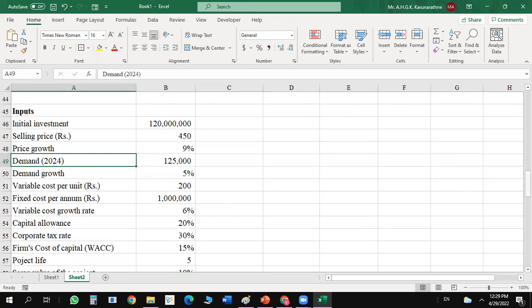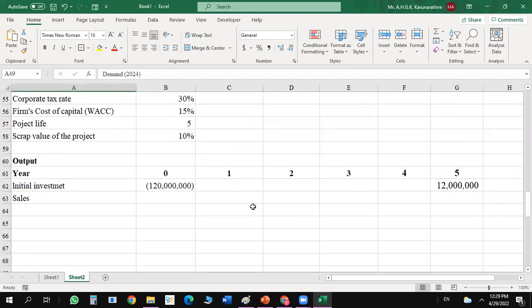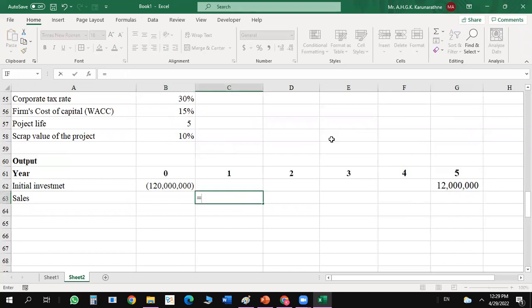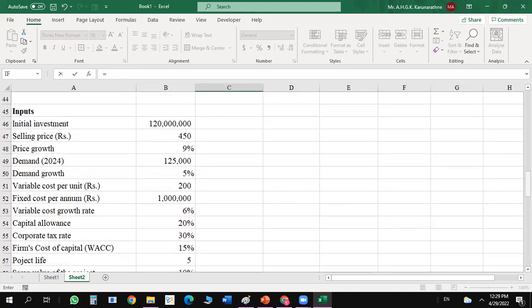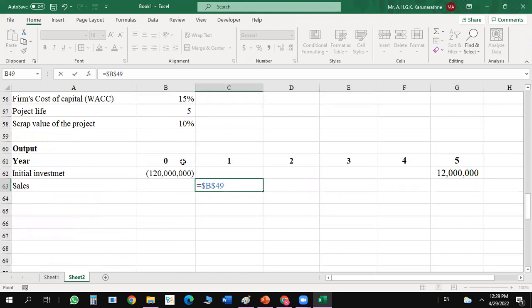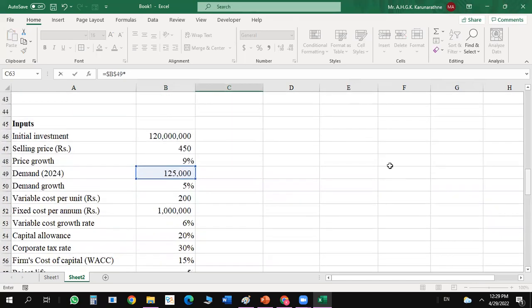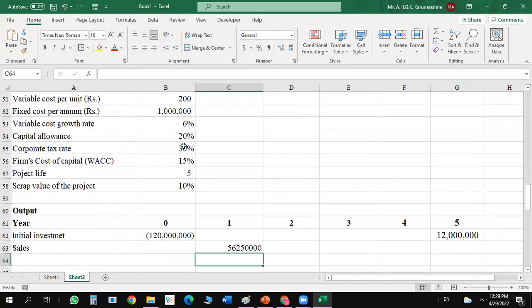So we can say sales for year 1 is equal to demand, which we make fixed, multiplied by the price. Price is 450.